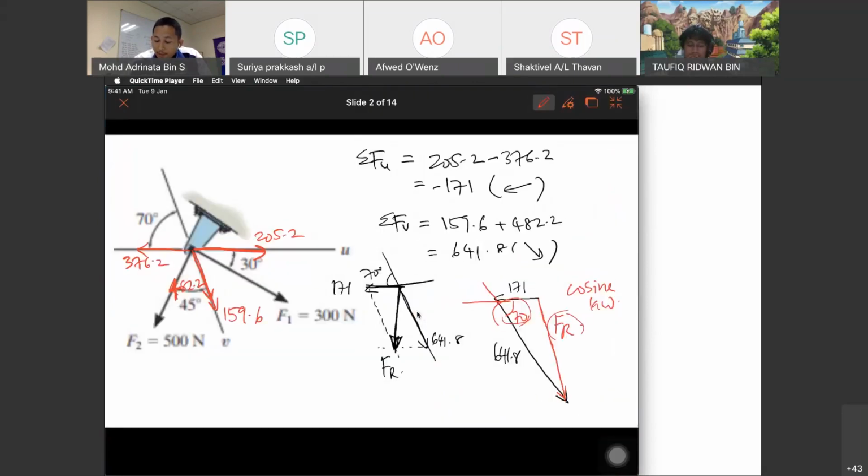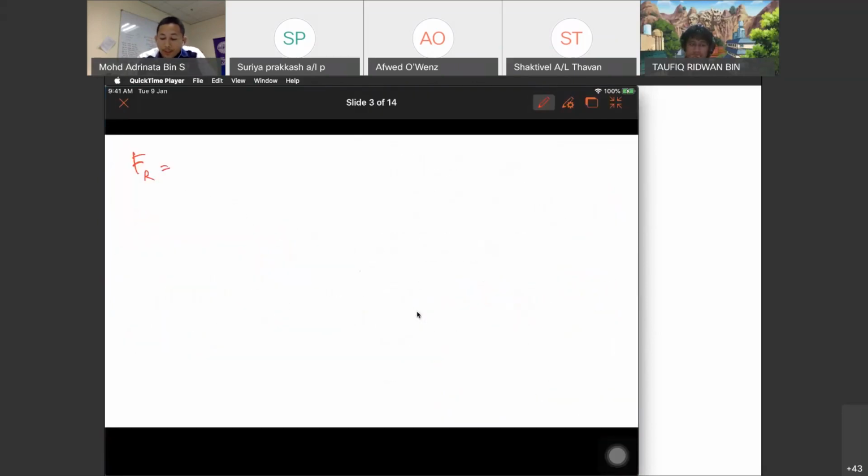Using cosine law, Fr square equals 171 square plus 641.8 square minus 2 times 171 times 641.8 cosine 70. Okay, then you get your Fr equals 605 Newton.